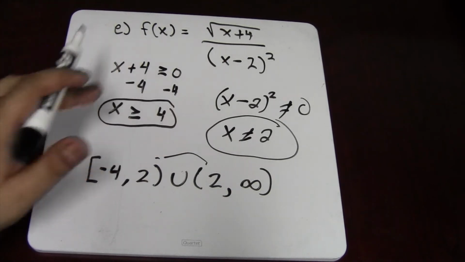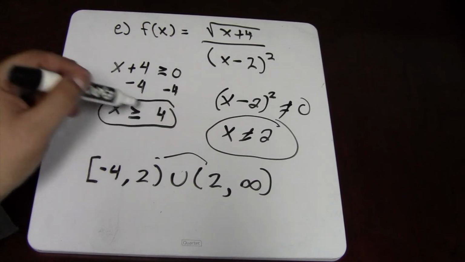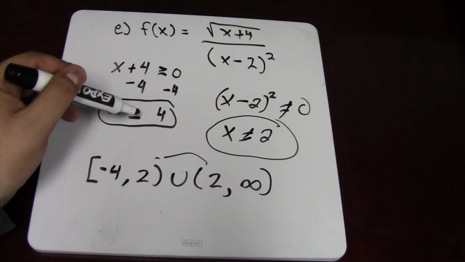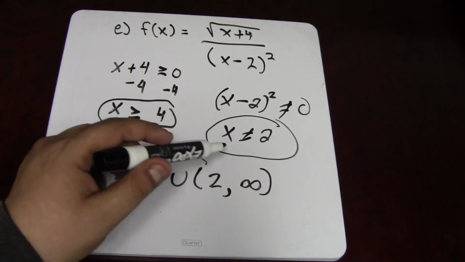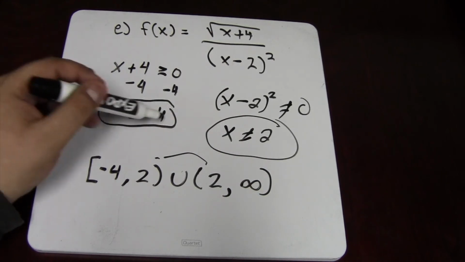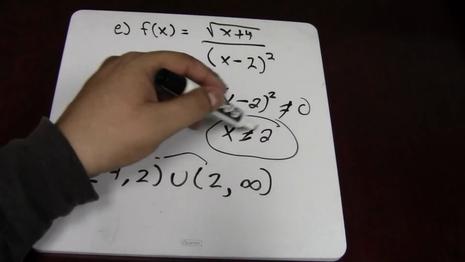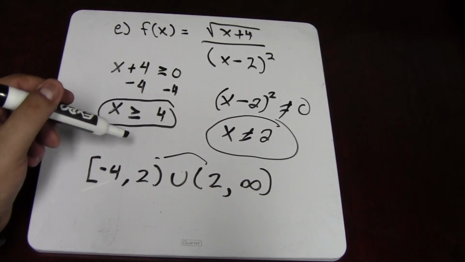Okay, I know that's not correct for this problem, but just to explain this, okay? If you get a problem where the numerator has to be greater than 4, well then if the denominator can't equal 2, well, you've already said that because you said that x had to be greater than 4. So you wouldn't have to even worry about including this 2 business in your answer.